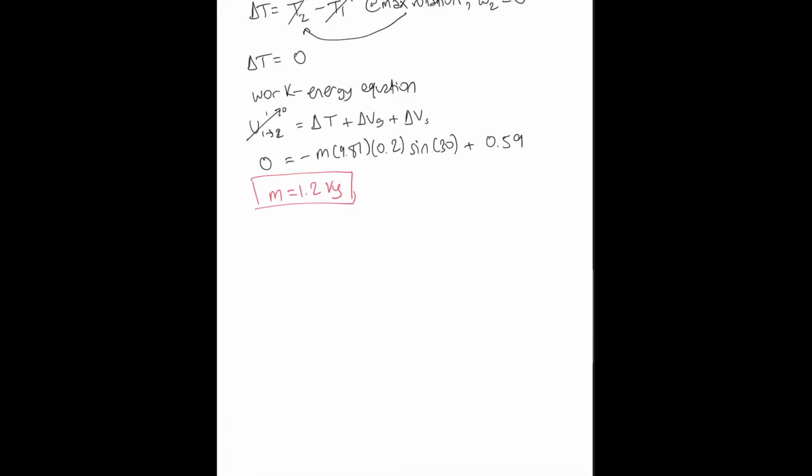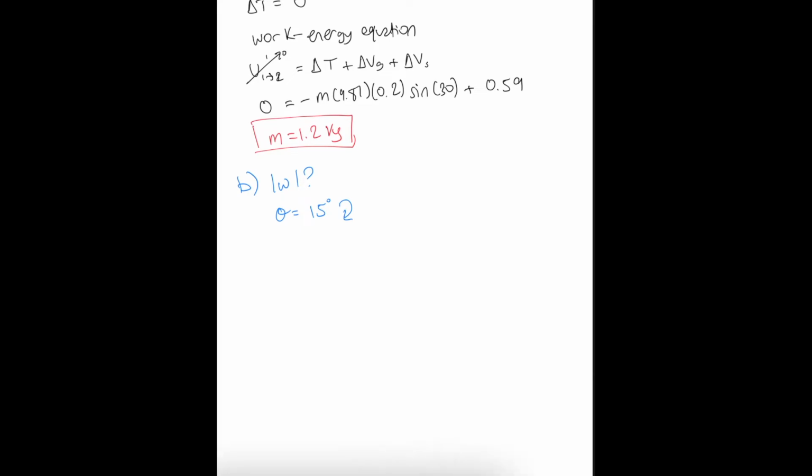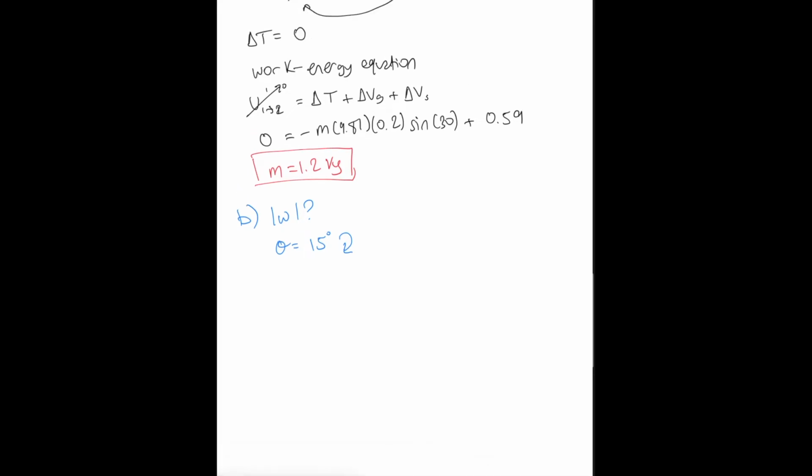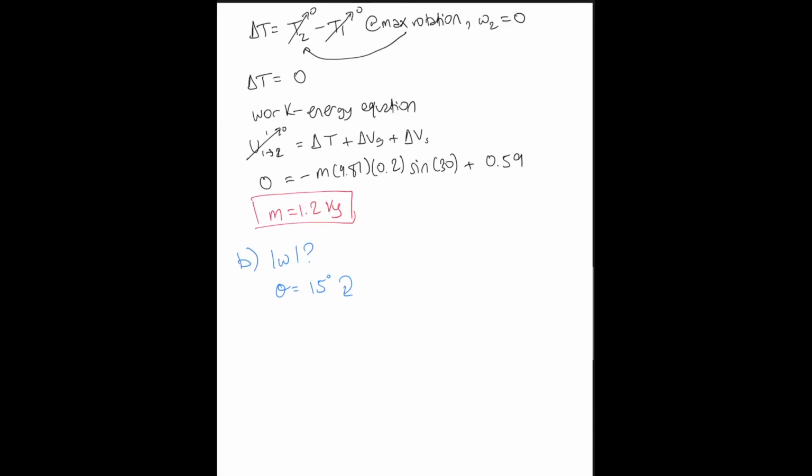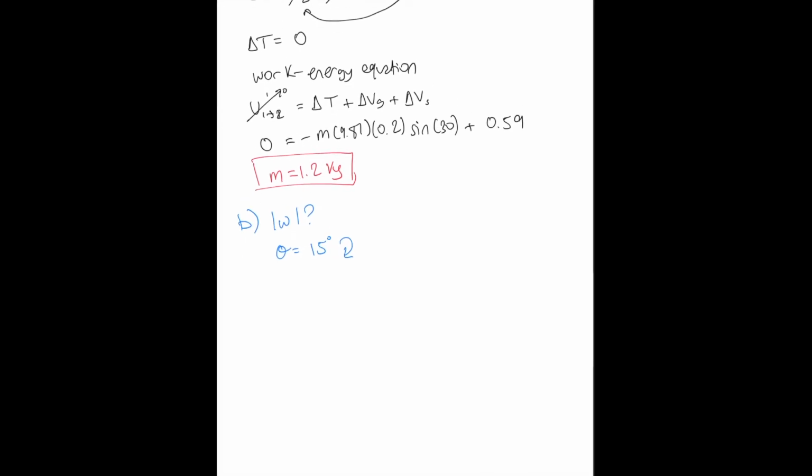Now for part B, they were asking for the magnitude of angular velocity when theta is 15 degrees. So we're just going to repeat the previous steps to find L2.